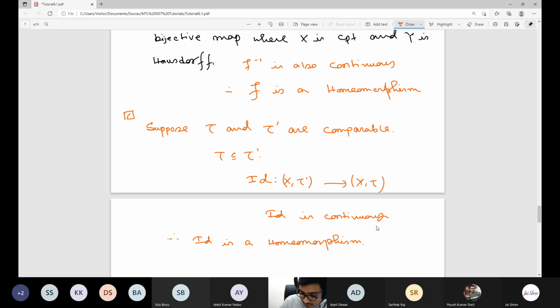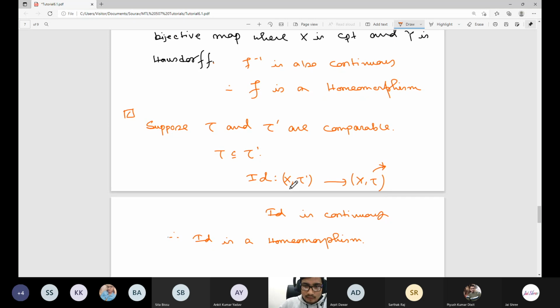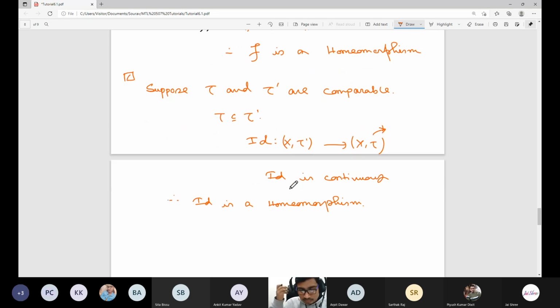Now if you take any open set from here, then its inverse image will be... Once we get a homeomorphism, then the image of an open set is open, and the inverse image of an open set is open, right?